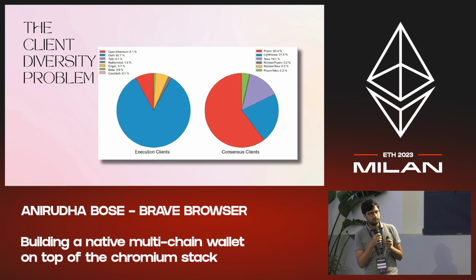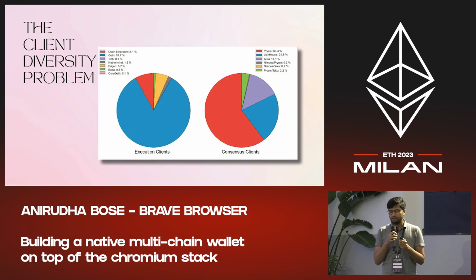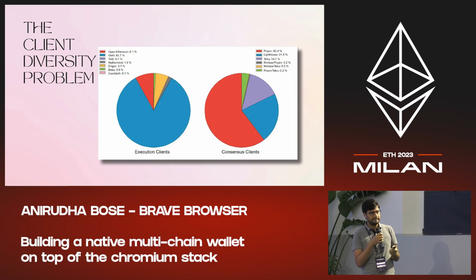My case is that there is a similar problem in wallets as well. A vast majority of extension wallets, or rather all extension wallets, use the same set of JavaScript dependencies, and that's Ethers.js, Web3.js, and so on. It's good because it makes development easy, but you also repeat the same mistakes over and over again.